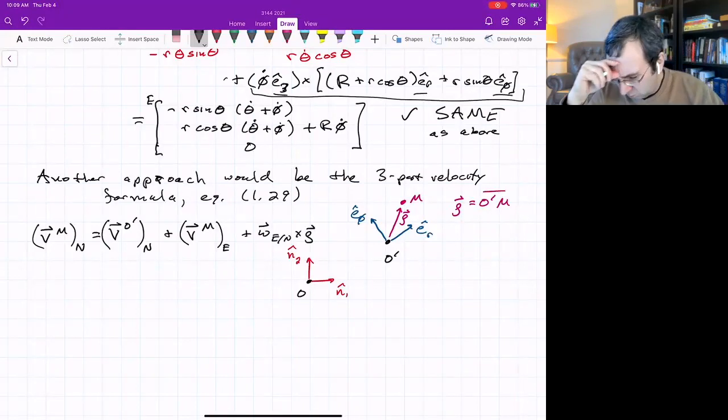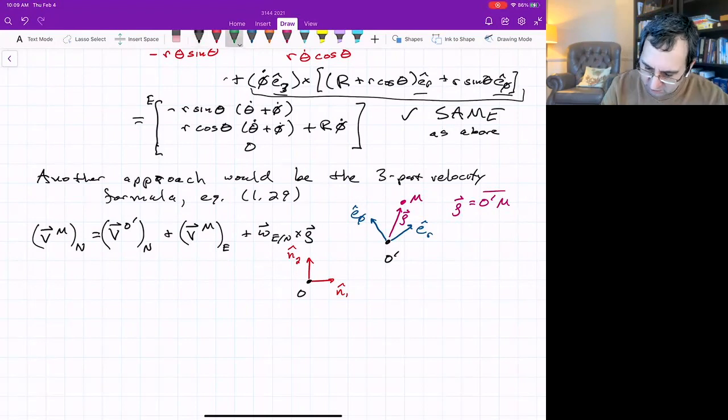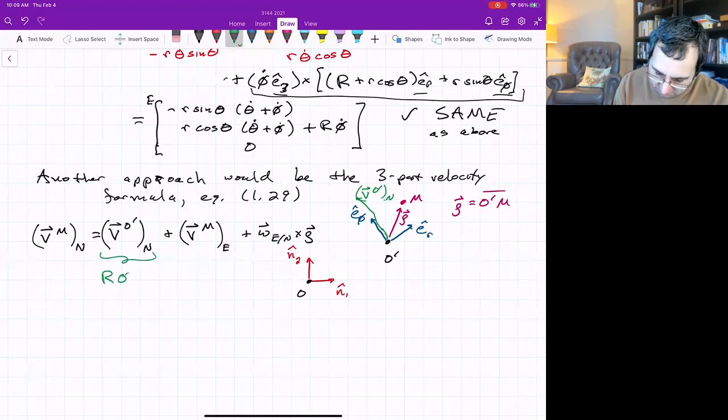And then you have to think about what all of these are. So knowing that the Earth is moving on a circular orbit, maybe this will just be intuitive to you. Its velocity is big R phi dot in the e phi direction because it's moving on a circular orbit.